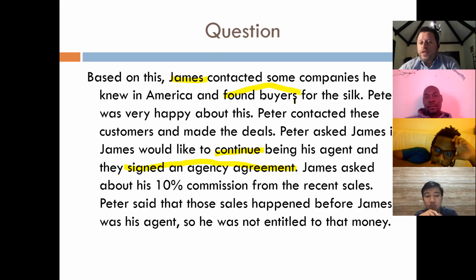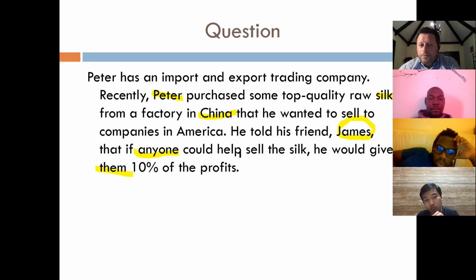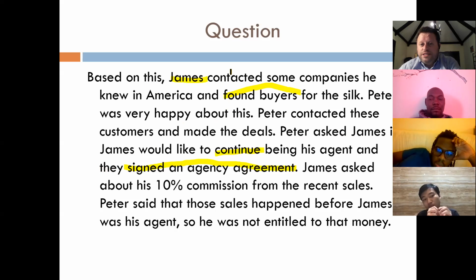And then Peter contacted these customers. Peter made the deal. Now, at this point, Peter should pay James 10%. He said, anyone who can help me sell the silk, I'll give them 10% of the profits. And James did help him. So James should get 10% of this.